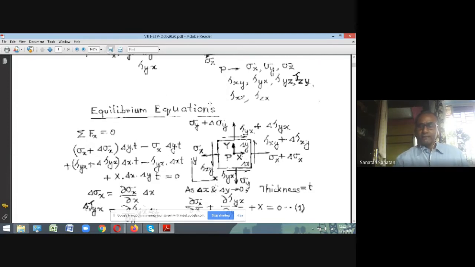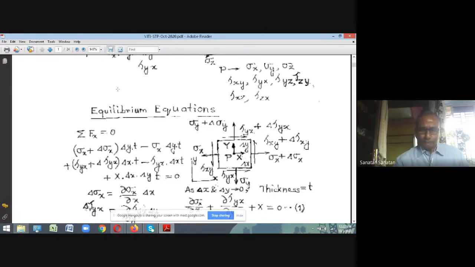And now look at this. What is the other thing? You see, you have the tau xy stress on the left vertical face acting downward, and on the right vertical face, you are going to have stress tau xy plus delta tau xy. But as delta x tends to 0, this increment shrinks to 0, and therefore these two stresses are acting parallel, and they are separated by a distance of delta x.